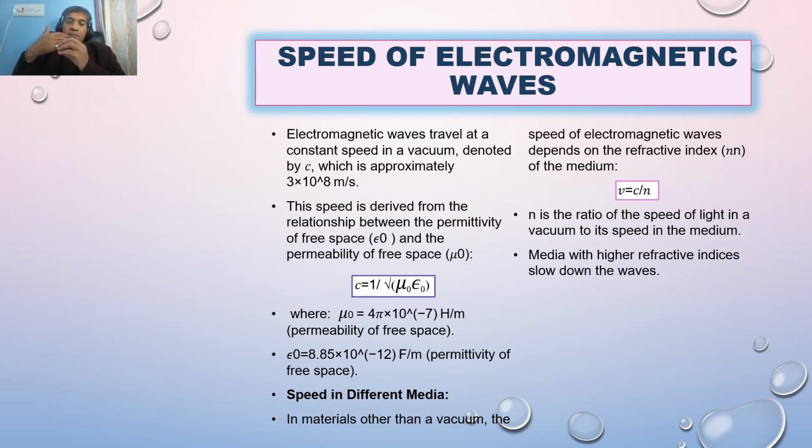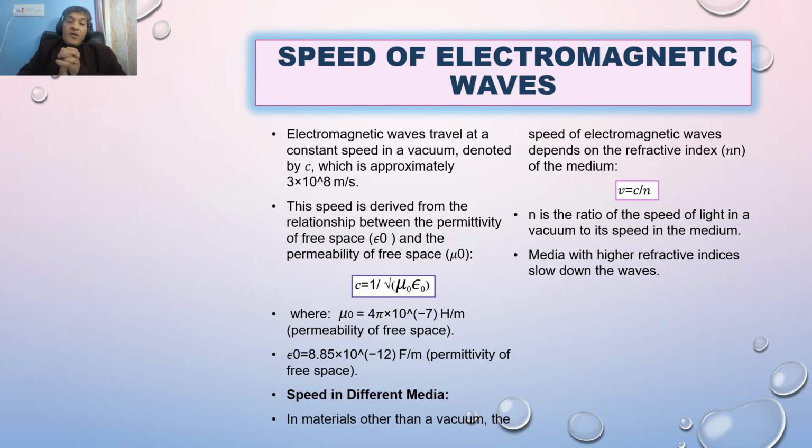Basically, the most important significance of the Maxwell equation is that it gives the speed of electromagnetic wave in terms of constants, and these constants are mu naught and epsilon naught, and we have the values here.